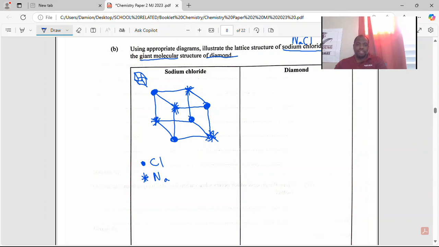That's one of the reasons why solid sodium chloride cannot be utilized in electrolysis. If you're going to be talking about transmitting electric current, it cannot do it in the solid state because these ions are held in a fixed position.